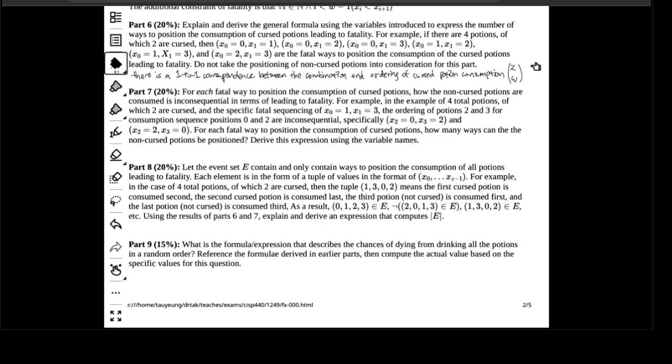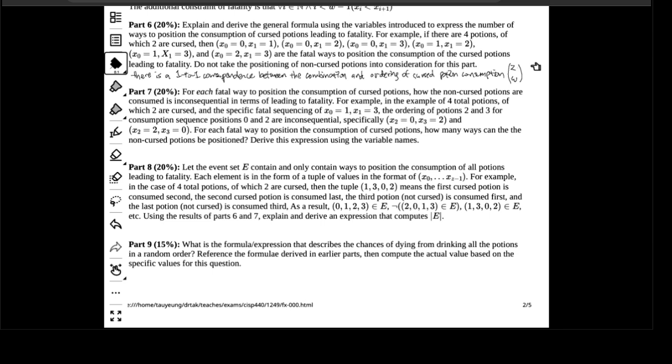So in this case, I also very specifically say, okay, x2 equals 0 and x3 equals 2, which means the third potion is consumed first, and then the last potion is consumed third, versus the third potion is consumed third, and then the last potion is consumed first.